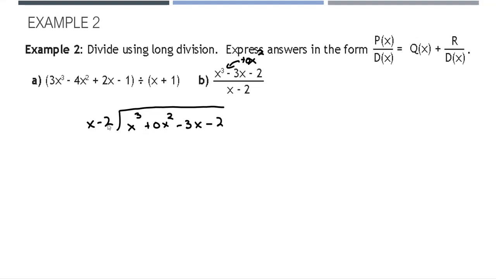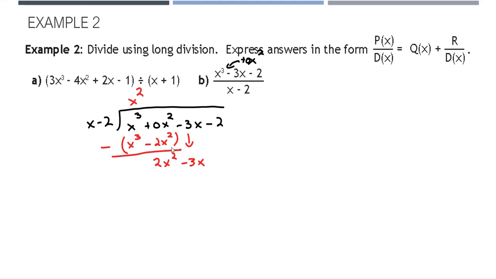So now same thing. x times x squared is x cubed. Now x squared times negative 2 is negative 2x squared. Again, I'm putting brackets just to really emphasize that there is a subtraction happening to everything. So that's 0, and then we get positive 2x squared. Then I have to drop down the negative 3x.